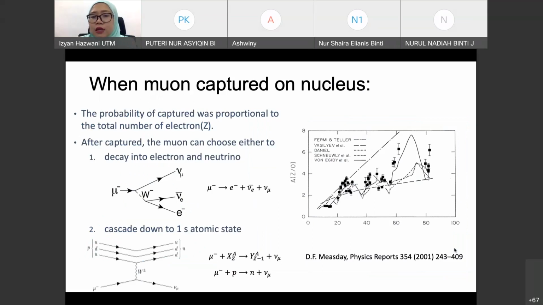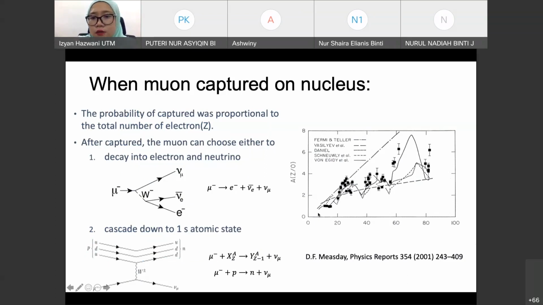Since the muon is a very heavy particle, around 200 times more massive than the electron, it can be captured by any nuclei. The probability of capture is proportional to the number of protons.